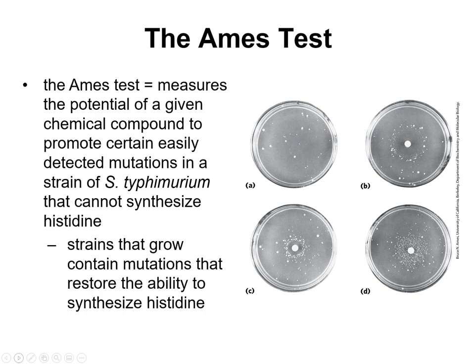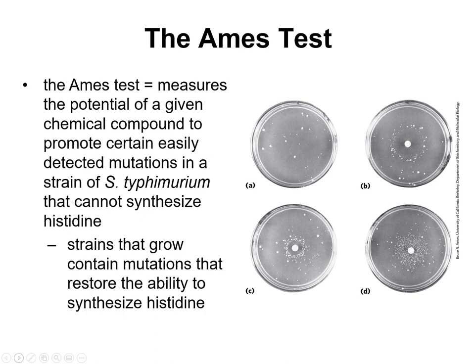The thought here is that if a compound can promote a lot of mutation, then it might be a mutagen, because it can cause your DNA to have a lot of issues, right? And if it can do that to your DNA, then it could also potentially be carcinogenic.